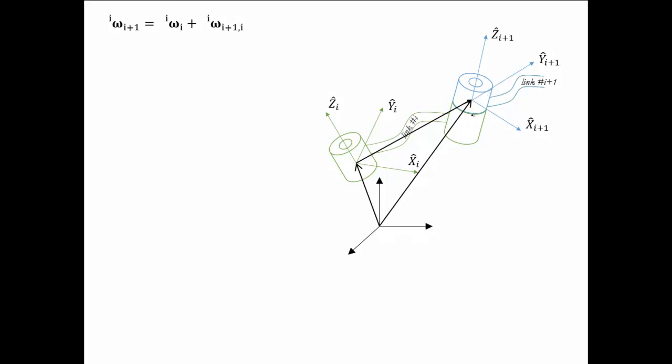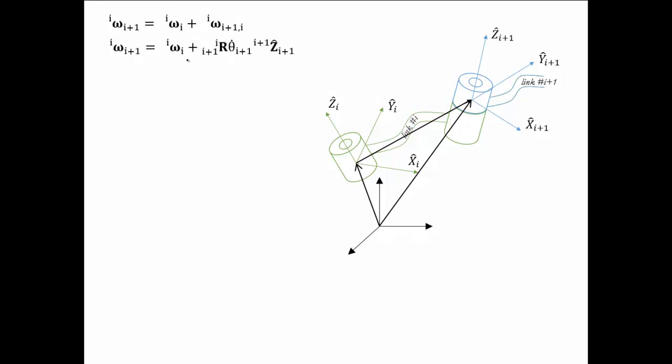So the angular velocity of I plus 1 would be higher, but it is composed of its own independent angular velocity, plus the impact of the angular velocity of this. So that's why omega I plus 1, meaning angular velocity of link I plus 1 as seen in frame I, is equal to omega of link I in its own frame plus omega of I plus 1 with respect to I. So now this is relative velocity, the relative angular velocity, or you can say the independent velocity of link I plus 1.